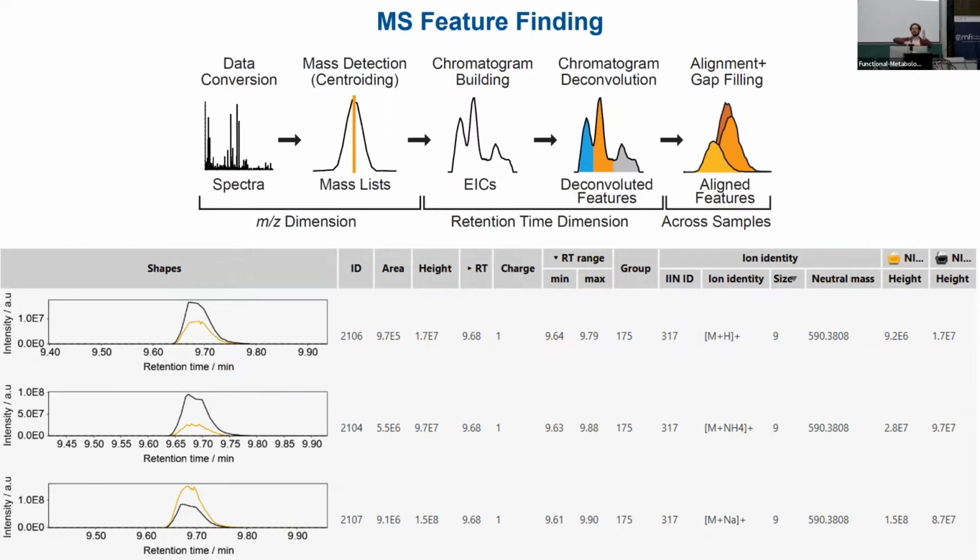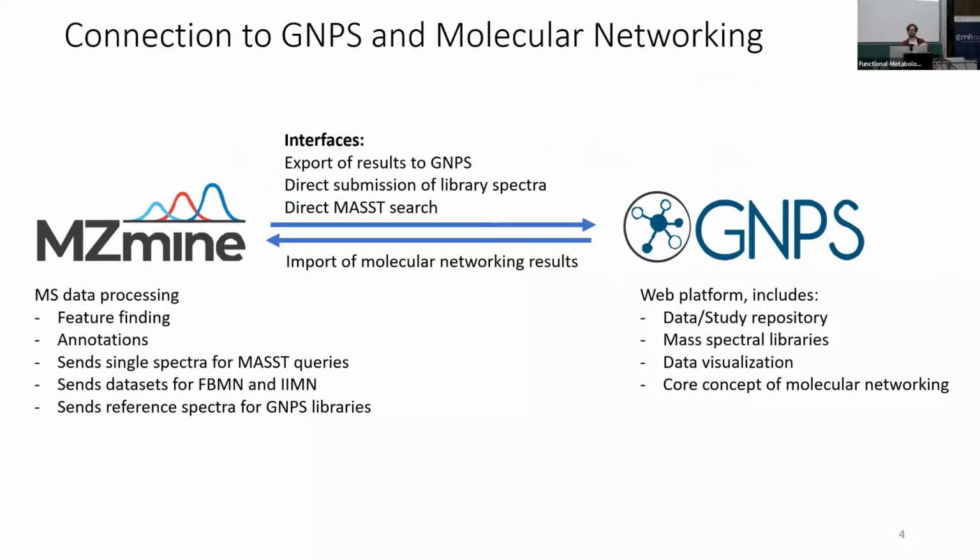We have the samples, and then we exported this so that we can submit it directly to GNPS. There are multiple interfaces between the projects, and we're working together to make it easier. We just now used the quick start or super quick start interface, which I think is a very easy way to start with GNPS.